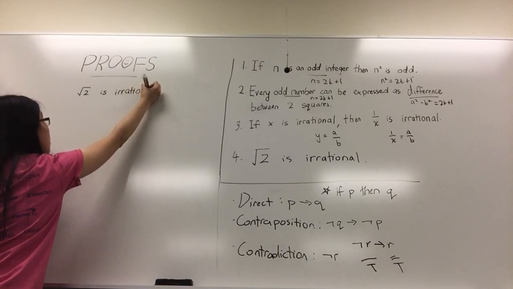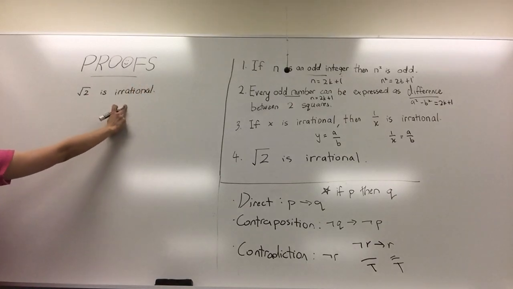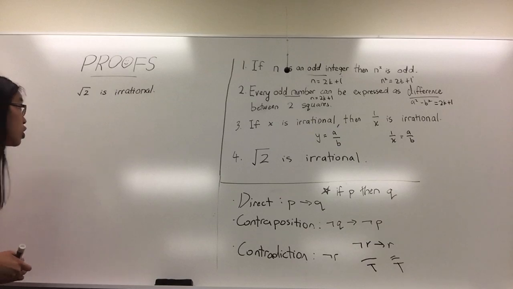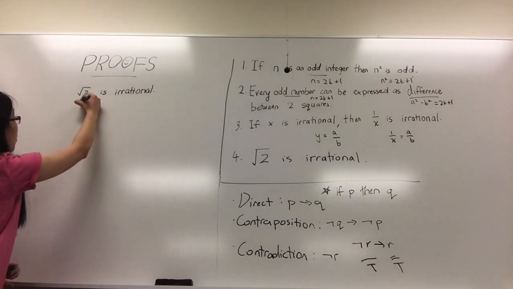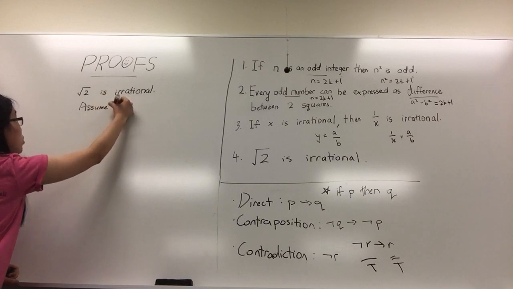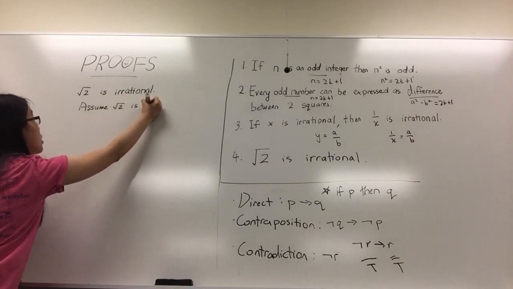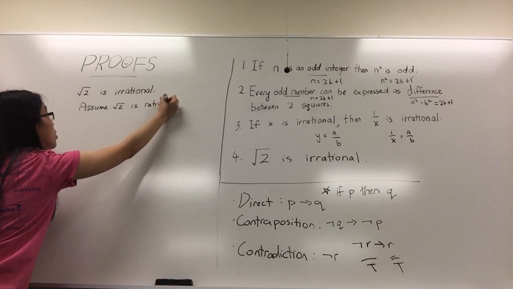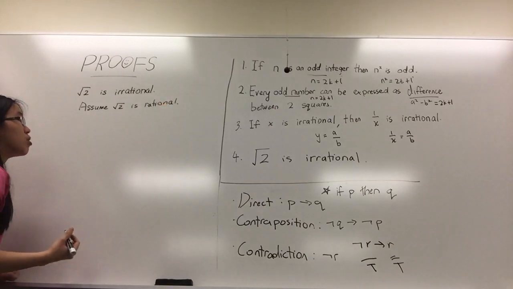We want to start off by proving that square root 2 is irrational. To start a proof by contradiction, we assume square root 2 is rational. What does it mean for a number to be rational?